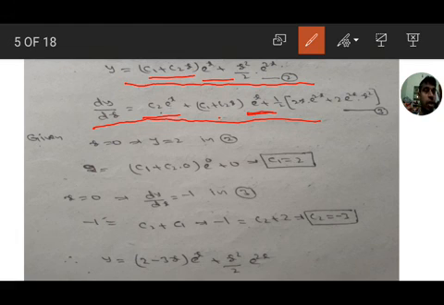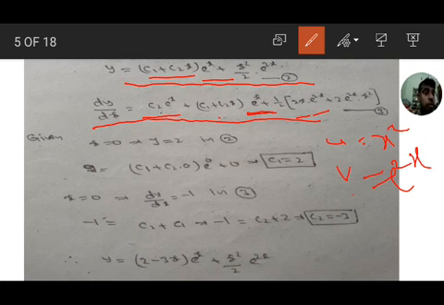Here 1 by 2 constant, again u into v, u equal to x square, v equal to e to the power of x here. x square derivative 2x into e to the power of x, e to the power of x derivative e to the power of x into x square. Okay.